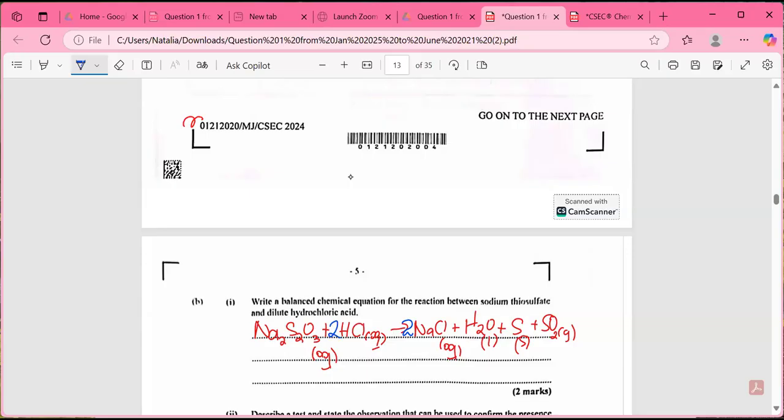Then that would mean we have 2 chlorine, and we already have 2 chlorine in 2 NaCl. So we're balanced.